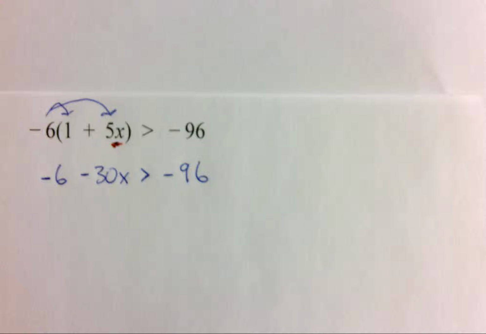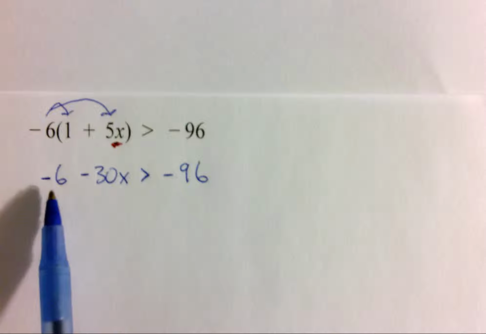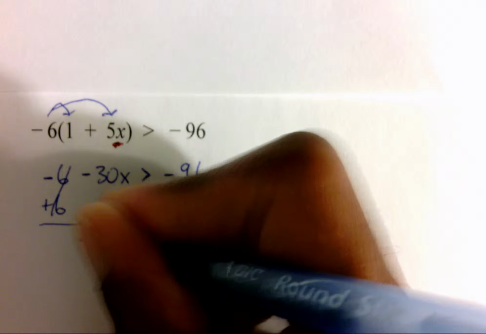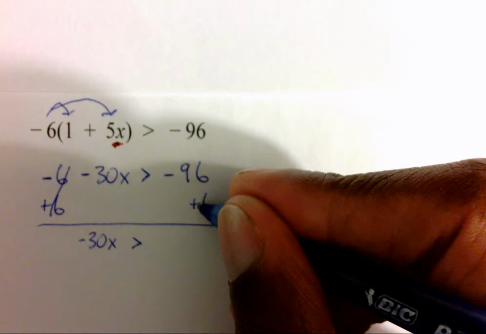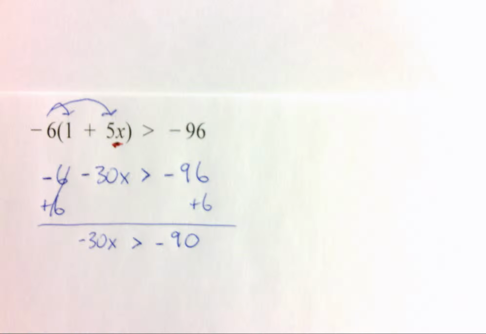Okay. Now I still want to solve for x, so in order to undo this negative 6 on the right, I'm going to add 6 to both sides. Okay. So negative 6 plus 6, they cancel, and I'm left with negative 30x, which is going to be greater than negative 96 plus 6, which puts me at negative 90.